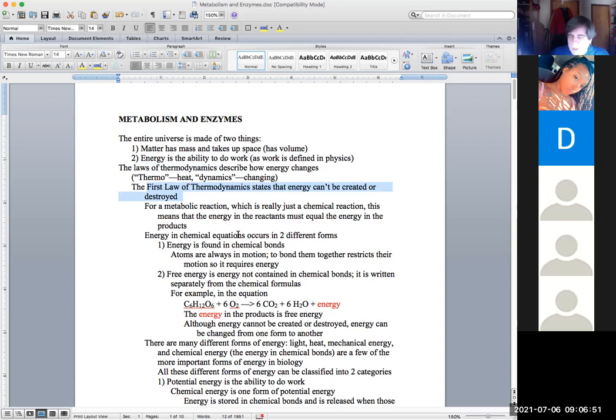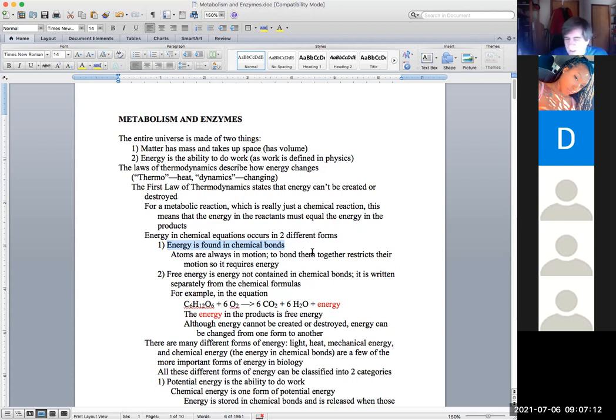So relatively simple. Now remember, when we look at a chemical equation, we see energy in two different forms. One of those forms is hard to see because we don't see it written. Whenever we have atoms bonded together in a molecule, there's energy in chemical bonds.